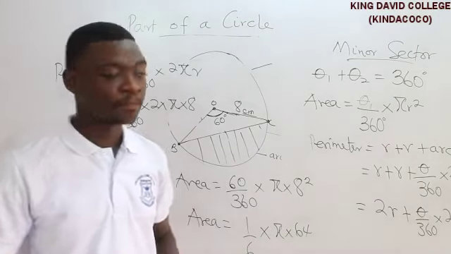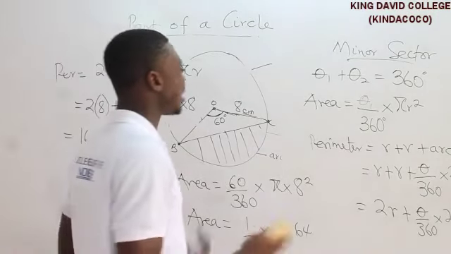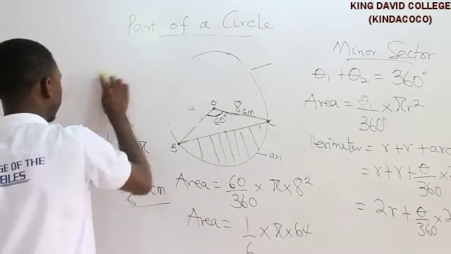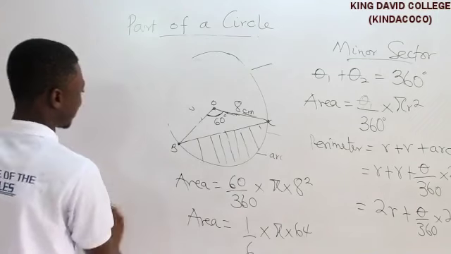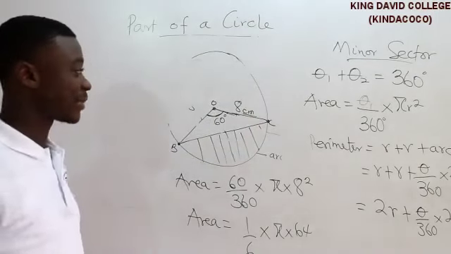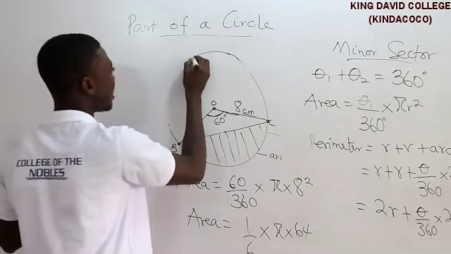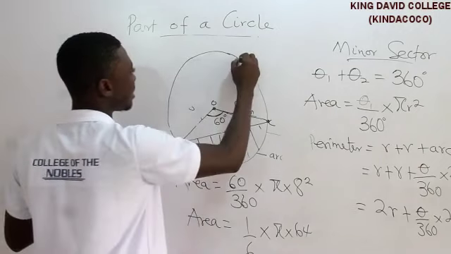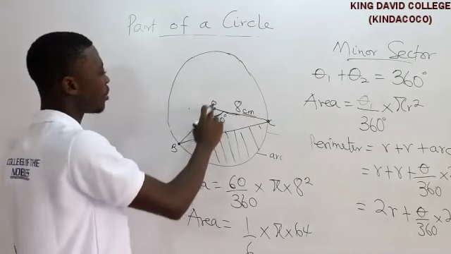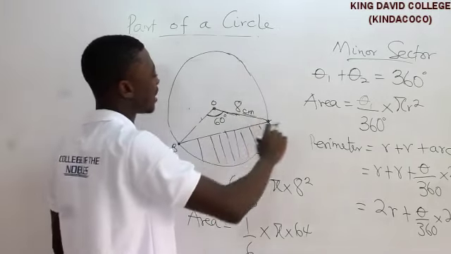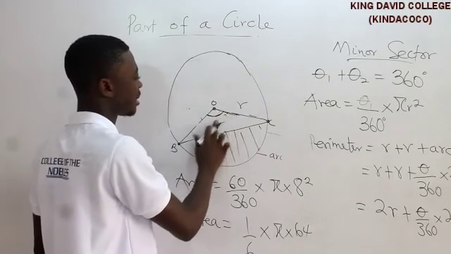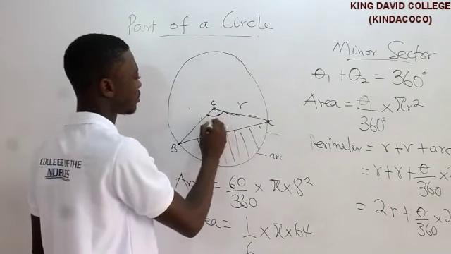Major sector. So there is not much difference between the minor sector and the major sector, because I told you they are all sectors. So the very behavior of sectors is the same thing both of them exhibit. Just that when we are looking at the major one, the bigger one, this is my R and this is my theta.